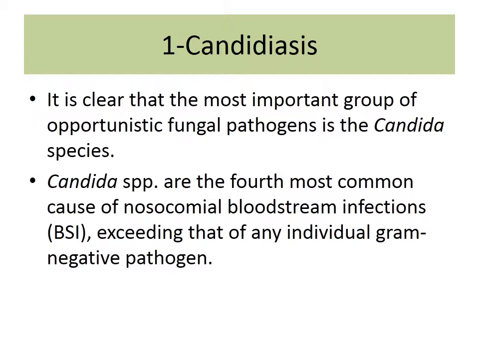And also remember that Candida species are the fourth most common cause of nosocomial bloodstream infections. And that's even more severe than gram-negative pathogens. I told you earlier the challenge was gram-negative bacteria pathogens, but Candida has stood even higher than that when it happens to be nosocomial bloodstream infections. Can you make a guess? Why would that be?